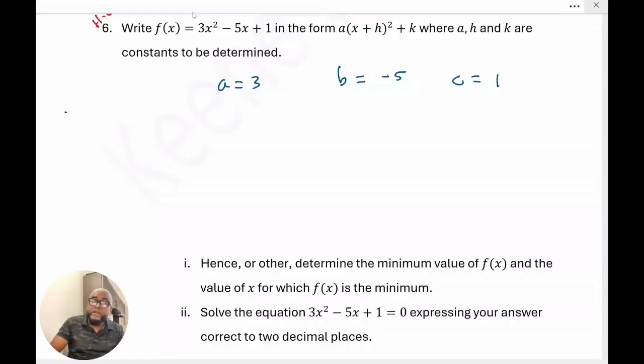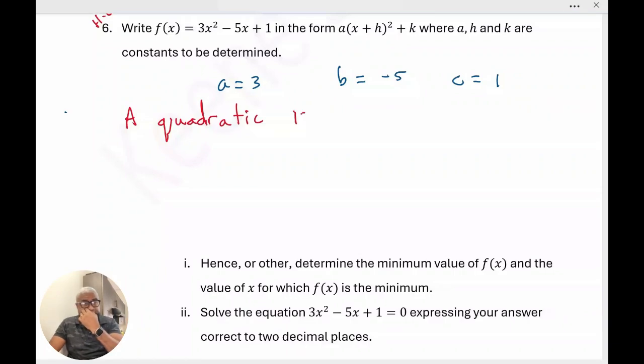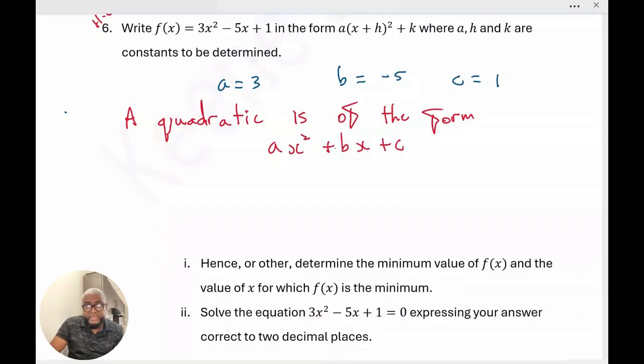Right, let me go. A quadratic, let me write it in red, so that anybody can see what is going on here. I don't care if you have it, if you know it. A quadratic is of the form ax squared plus bx plus c. a is the number in front of x squared, b is the number in front of x, and c is the number by itself.